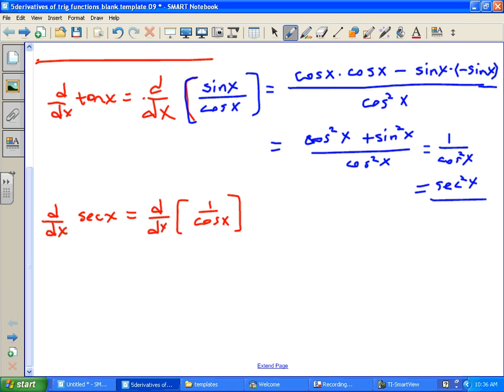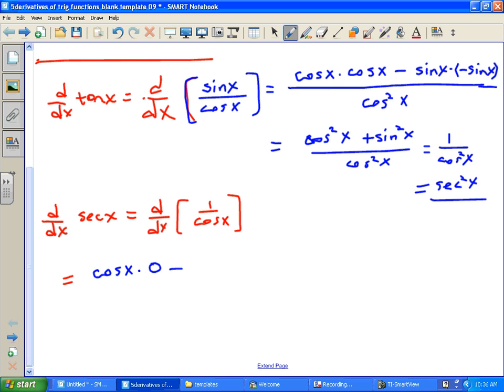Now let's apply the quotient rule to 1 over cosine x. So we're going to start with the quotient rule, right? We want the lower term first, times the derivative of the top, which will be 0, right?